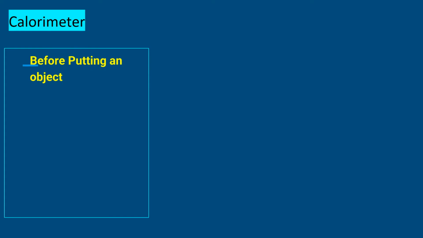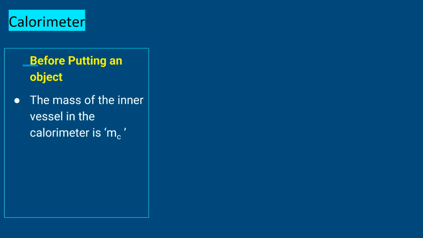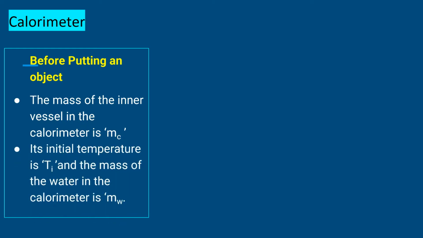Before we put in an object, the mass of the calorimeter is taken as m subscript C. C means calorimeter, and the initial temperature of the calorimeter before you put in an object is Ti, and the mass of the water is Mw. So these are the initial conditions before you put in an object.